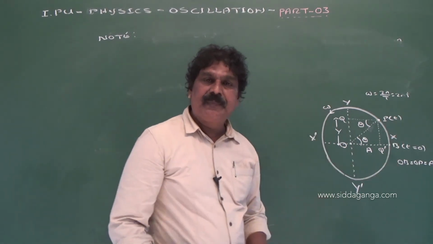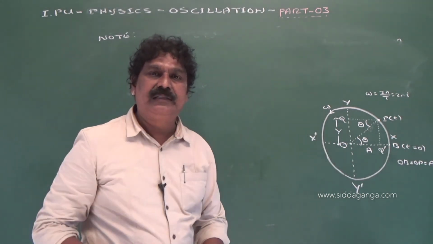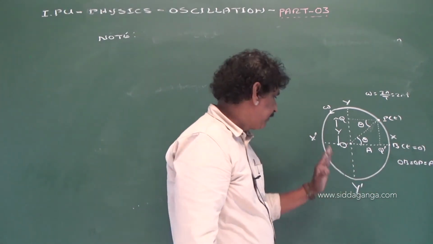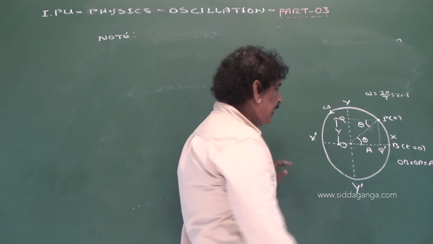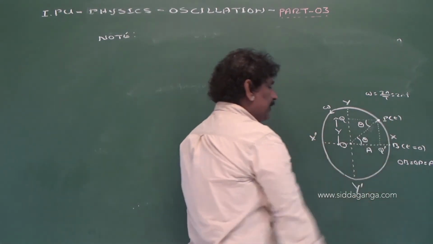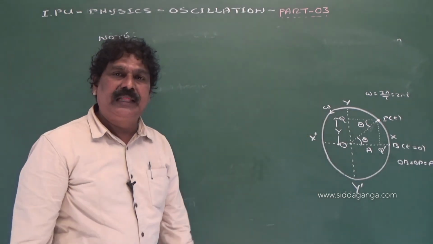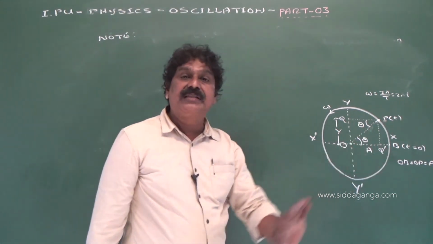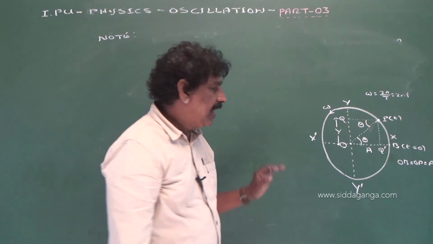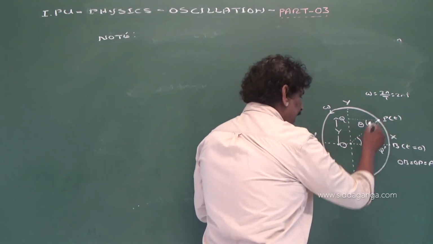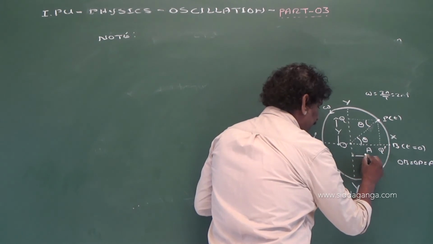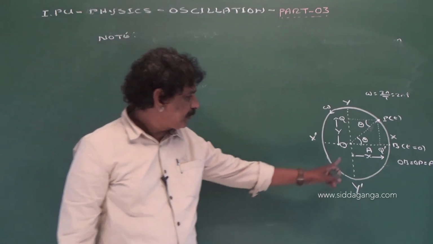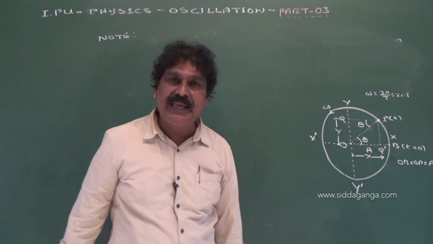Suppose we take the projection of the particle at time t on the horizontal diameter X O X dash, then P Q dash represents the projection of the particle at time t, and Q dash is the foot of the perpendicular. Now as the particle moves from B to A, the foot of the perpendicular moves from O to Q dash, where O Q dash is taken to be x.